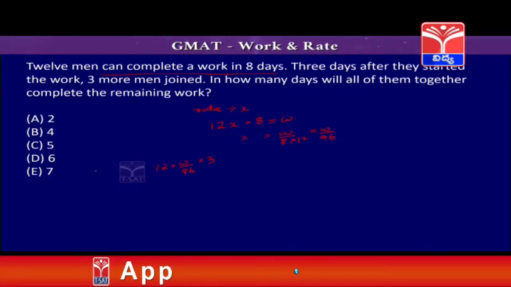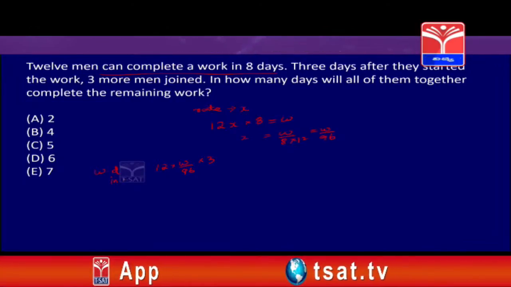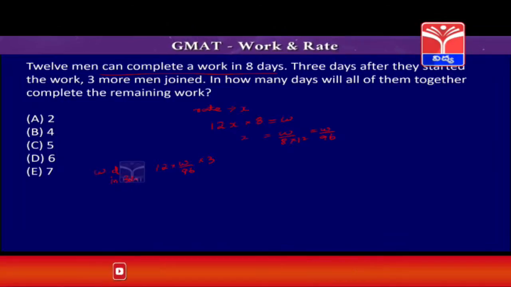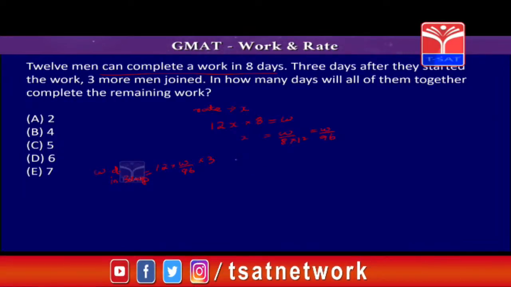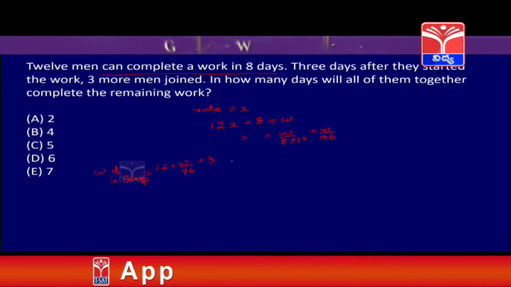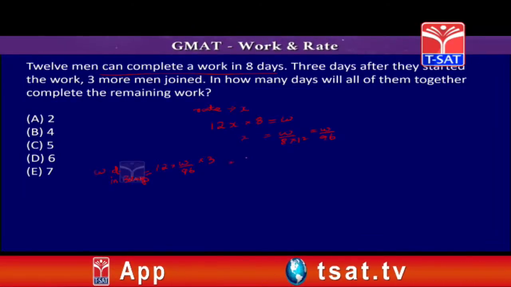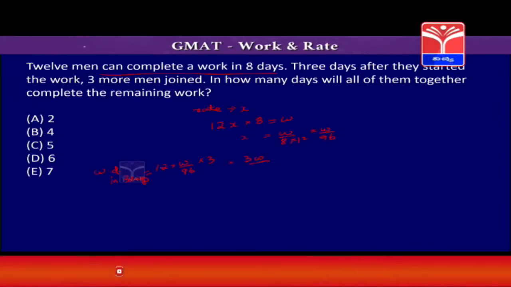This is the work done in 3 days. So it is 12 into W by 96 into 3, which is 3W divided by 8.